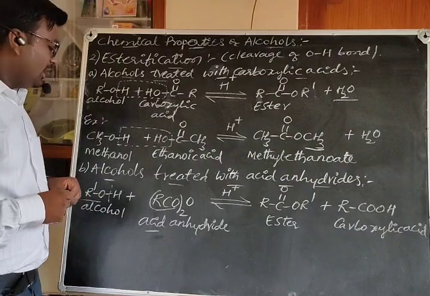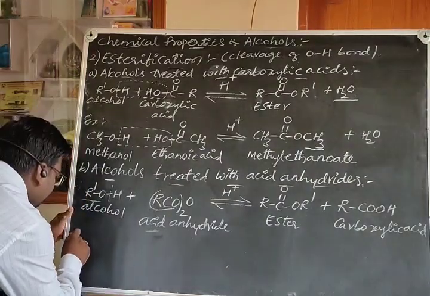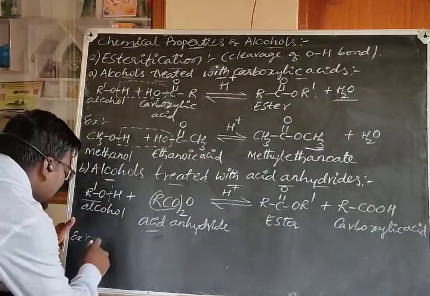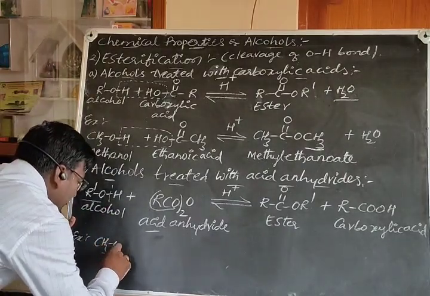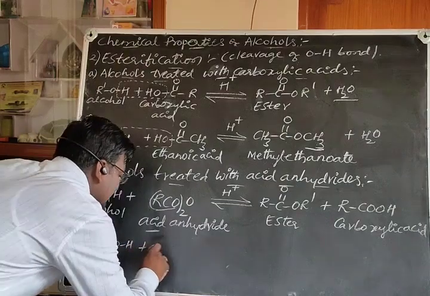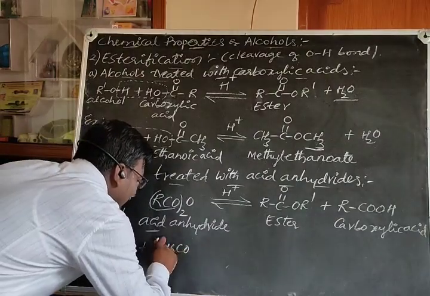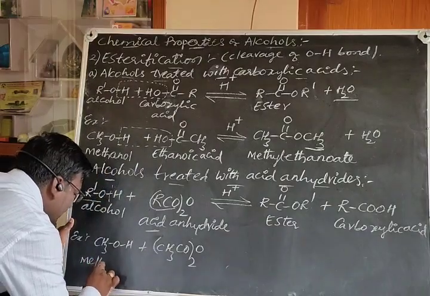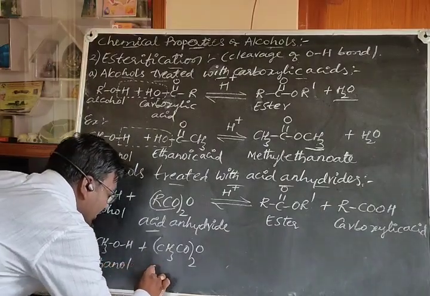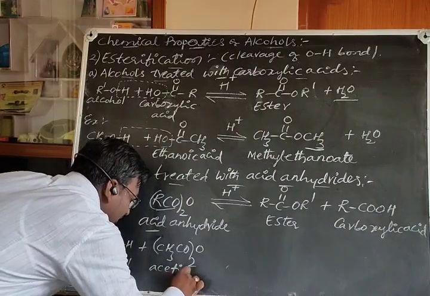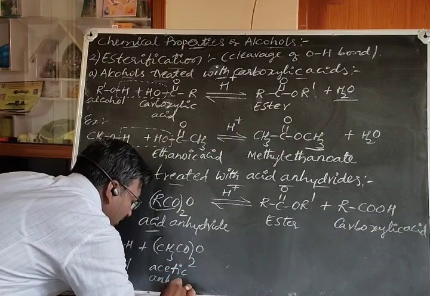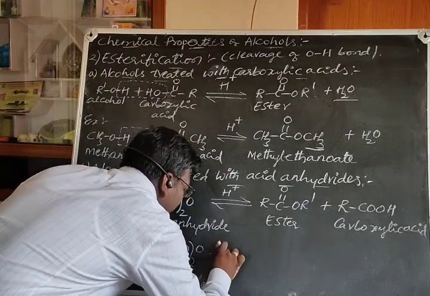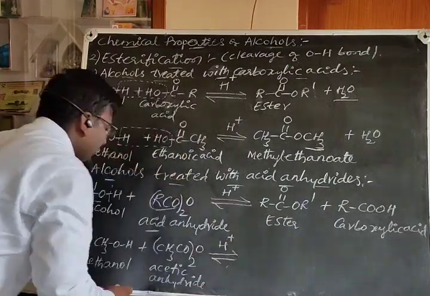Let's consider a suitable example. Take the same alcohol, CH3OH. When methanol is treated with acetic anhydride in the presence of an acid, what happens?